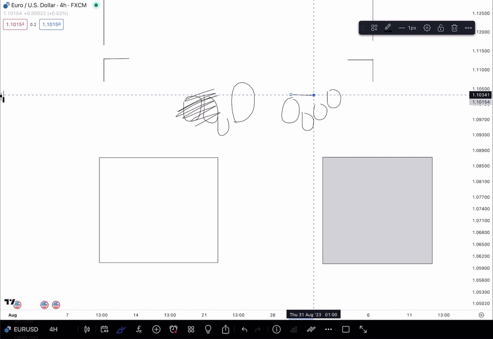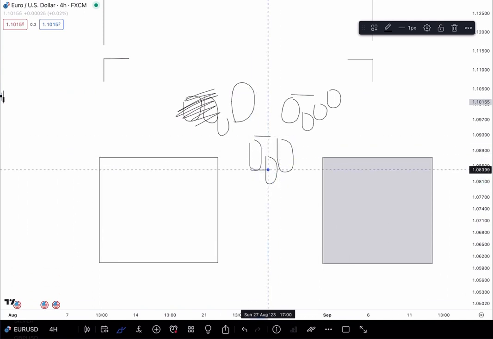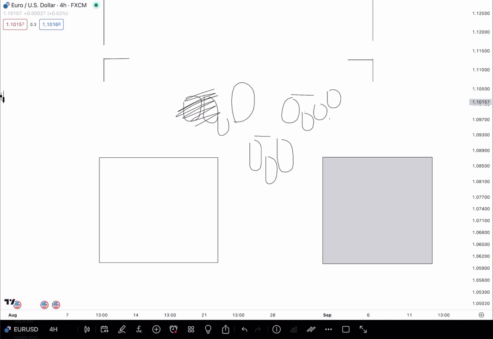So realistically, what you're looking for is three higher time frame candles to trade. And I will delve into that a bit deeper. But for now, let's focus on the aspect of the open, the high, the low, and the close.